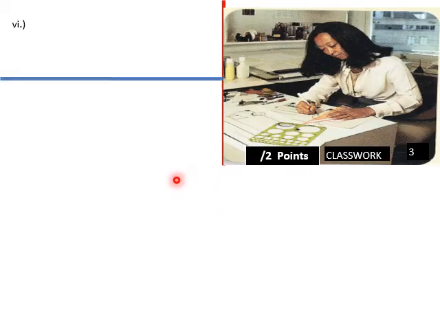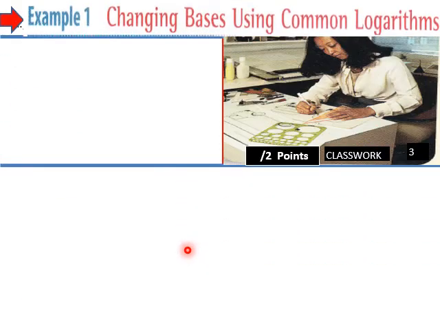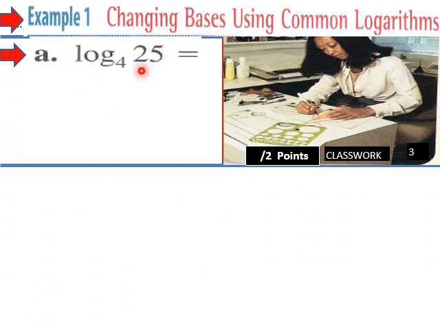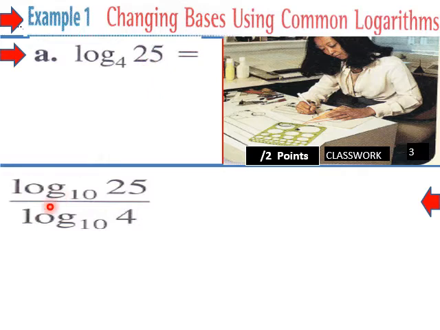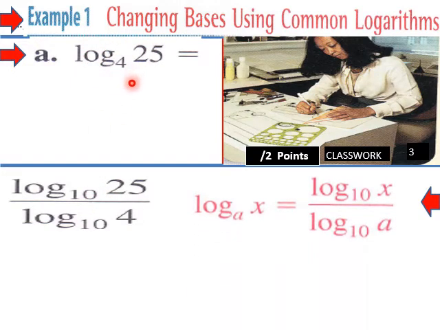So let's get into an example for this. Changing bases using common logs. Log base 4 of 25, how would we find that? So by using a change of base, we go log base 10 of 25 over log base 10 of 4.